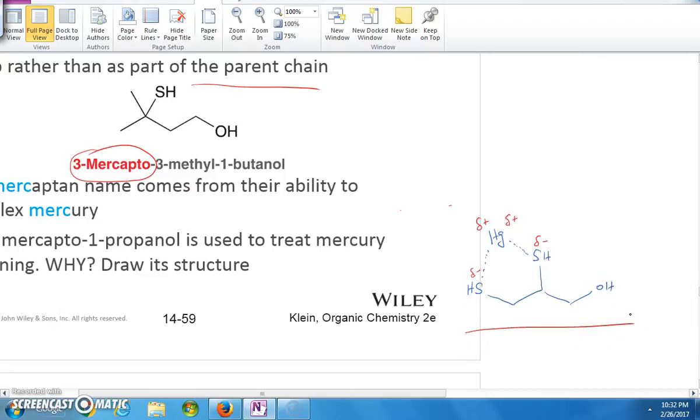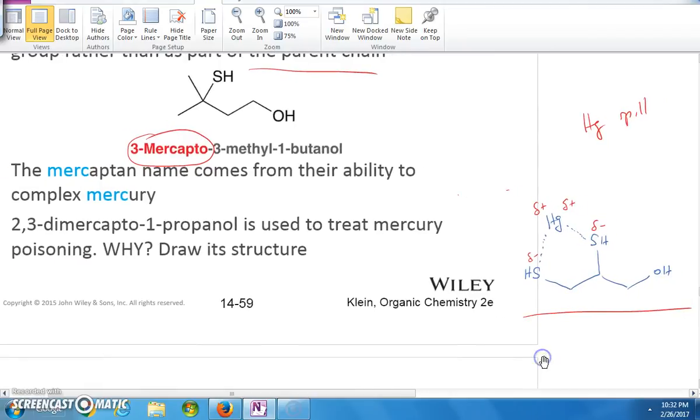So if you have a mercury spill, the spill can be cleaned up by using 2,3-dimercapto-1-propanol. And that's the structure right here.